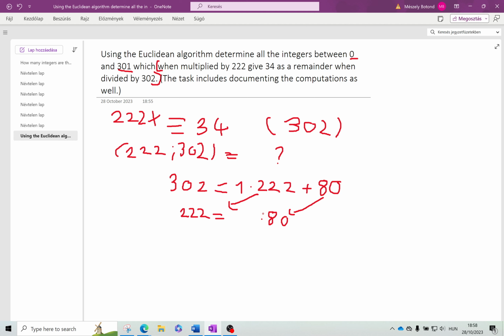You check how many times you can subtract 80 from 222 without going into negative. It's 2, and the remainder is 62 because 2 times 80 is 160, and 222 minus 160 is 62.